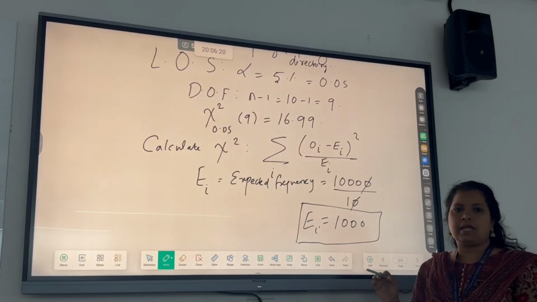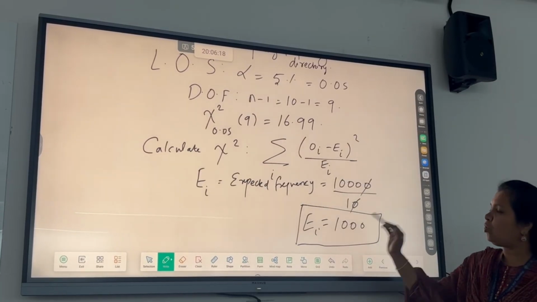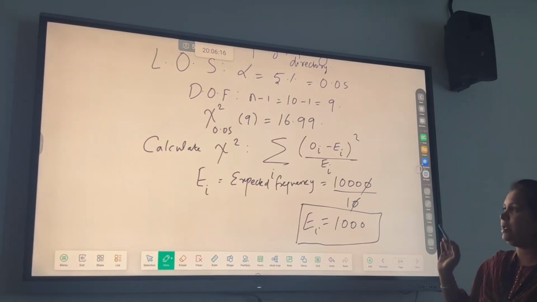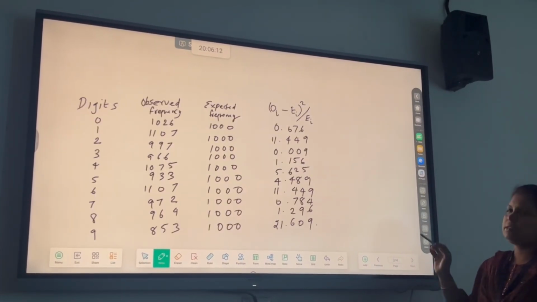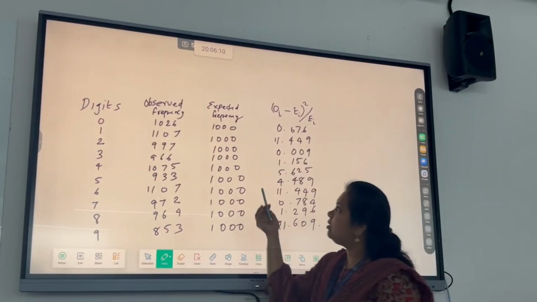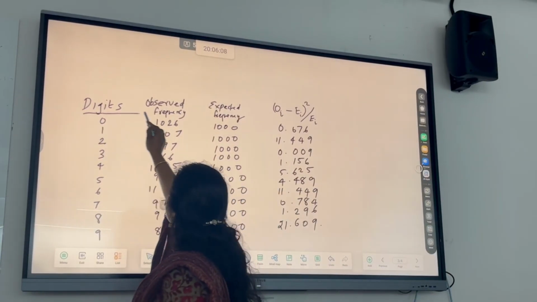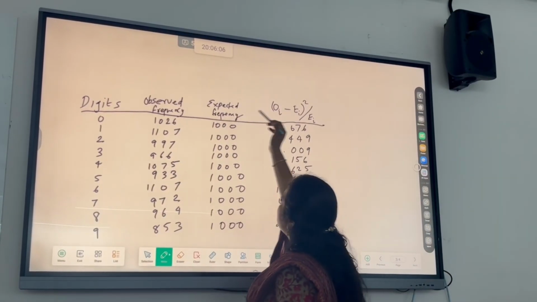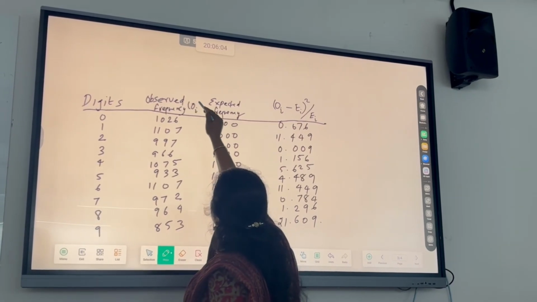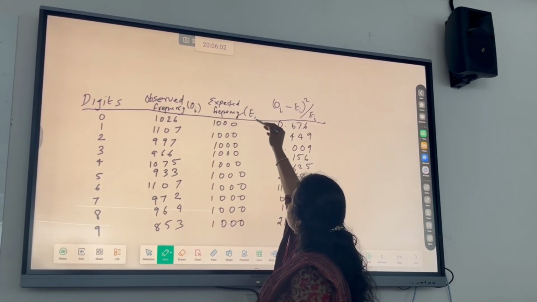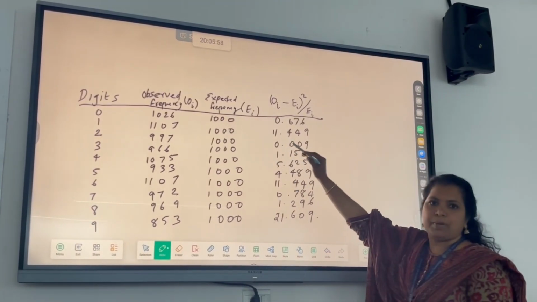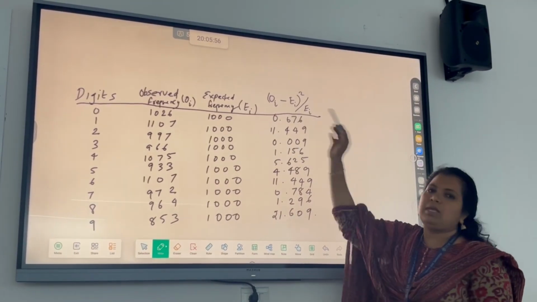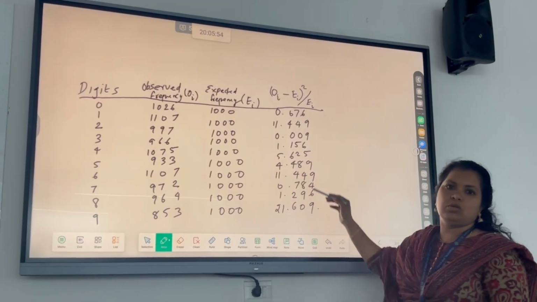So now let us see how OI and EI calculation can be done. The calculation is like this. You have the digits, the observed frequency from the problem, and the expected frequency we have just calculated. One by one you subtract, square, and divide by EI. We get the values for all 10 digits.